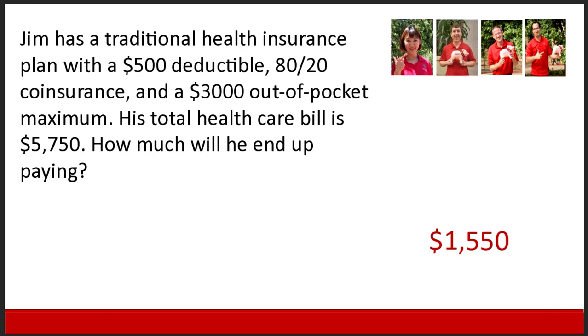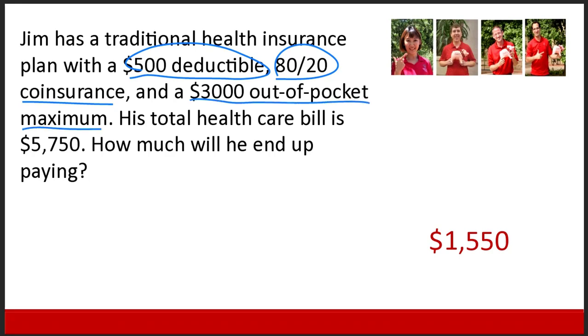Okay, so the next question is pretty similar, but kind of different. Jim has a traditional health insurance with a 500 deductible and 80-20 co-insurance, which means Jim will pay 20% of the co-insurance, and a 3,000 out-of-pocket maximum.